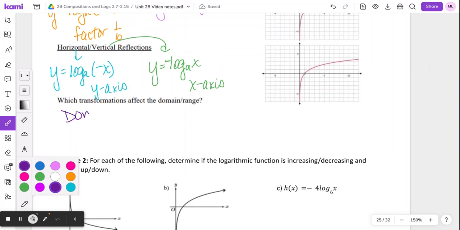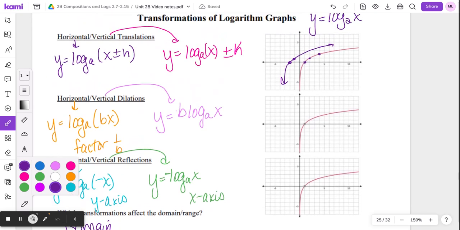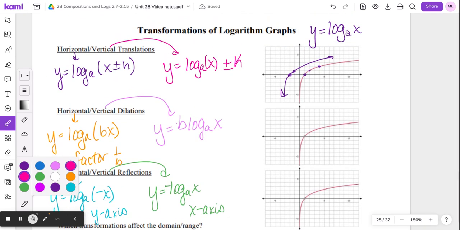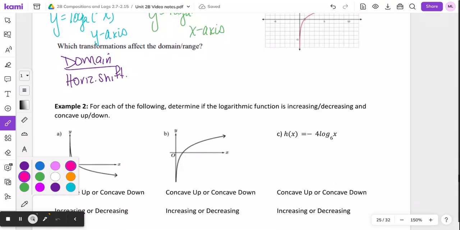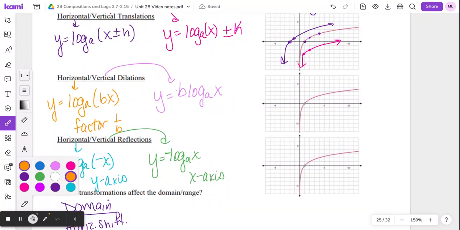So for domain, that would be horizontal shift. It moves that vertical asymptote, so your domain is impacted. If we shift it up or down, that is not going to change your domain, and it won't change your range because your range is all real numbers. And it's still going to be all real numbers.